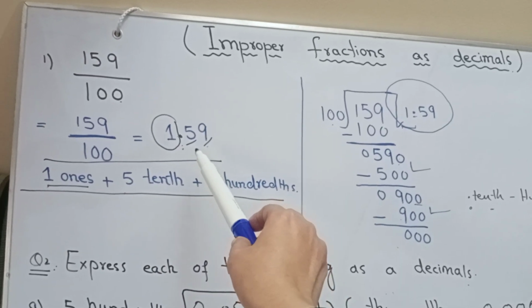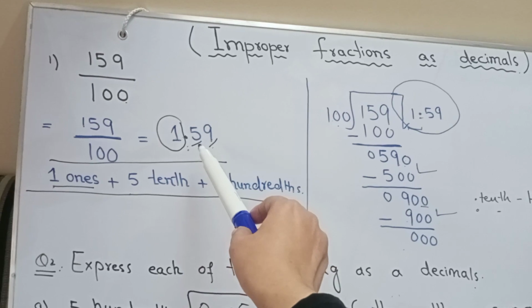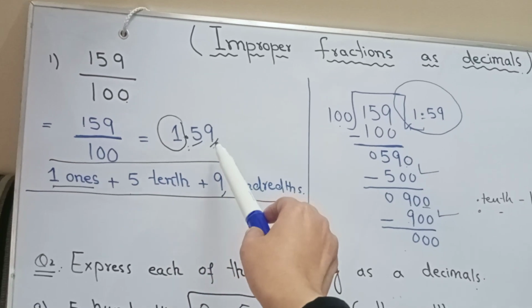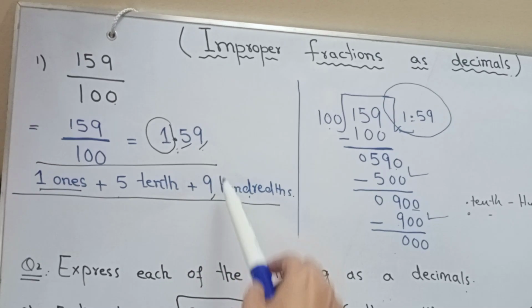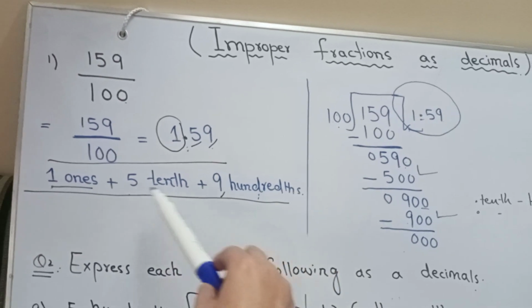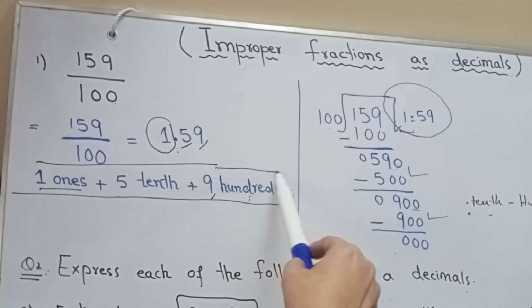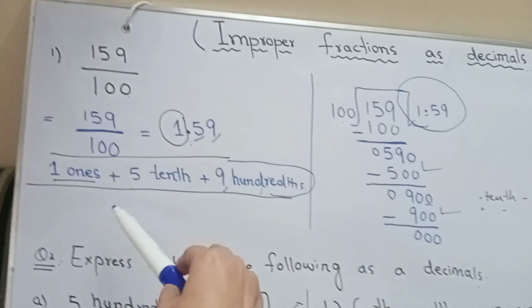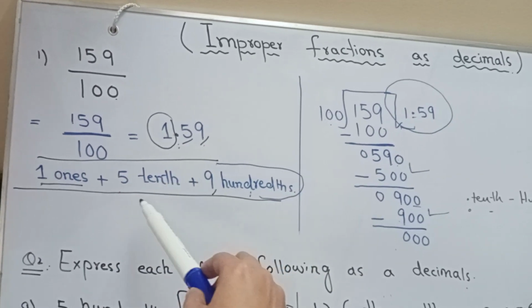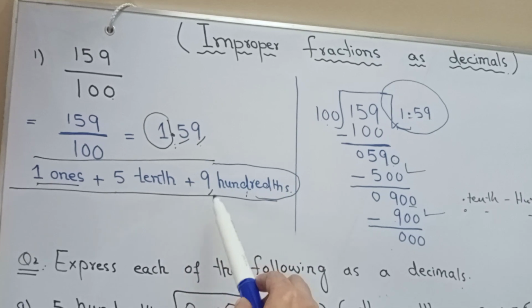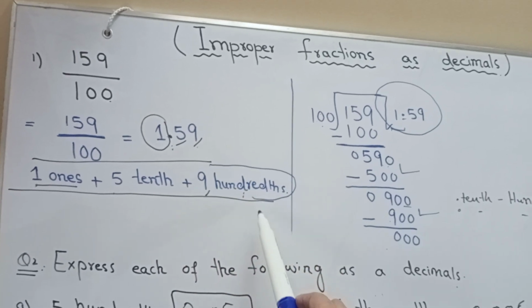What is the number here? At the place of tenths we have 5, and at the place of hundredths we have 9. So we must write them in that way: 1 ones plus 5 tenths plus 9 hundredths.